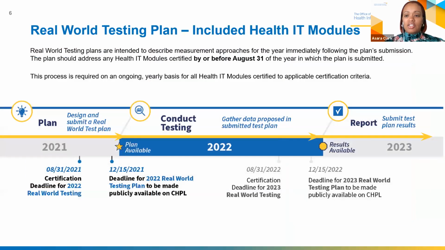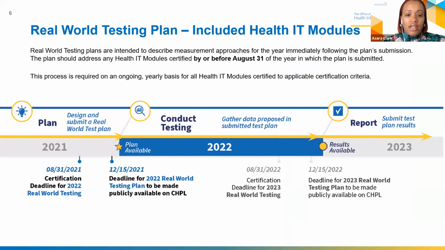All right. Now let's talk a little bit about which modules should be included, because I'm sure that many health IT developers may have multiple modules certified under the program. So again, depending upon when you got your health IT module certified, you want to make sure that it is included in your real-world testing plan as appropriate.